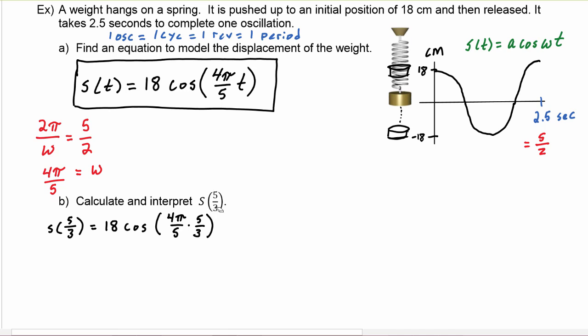Because remember, the function is S of t, so what this means is that t is equal to 5/3 seconds. This is going to become 18 times the cosine of 4 pi over 3 once those 5's cancel.